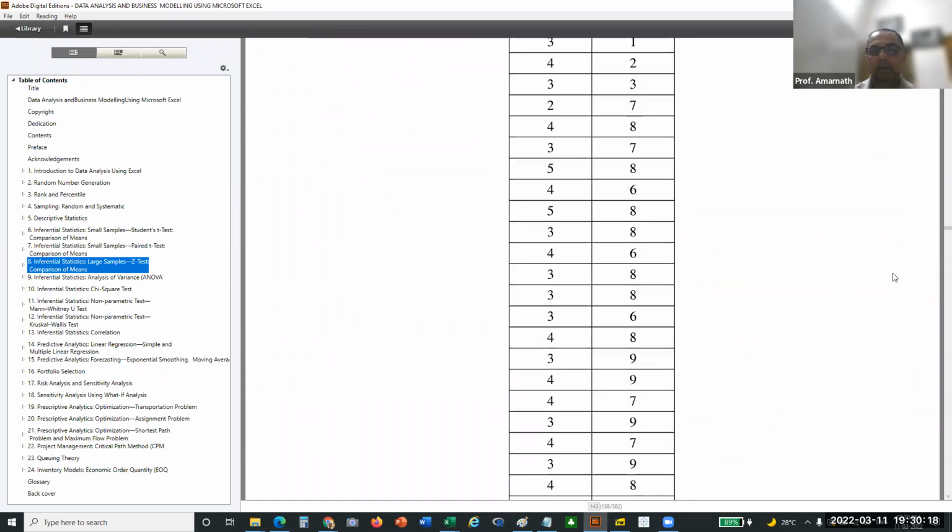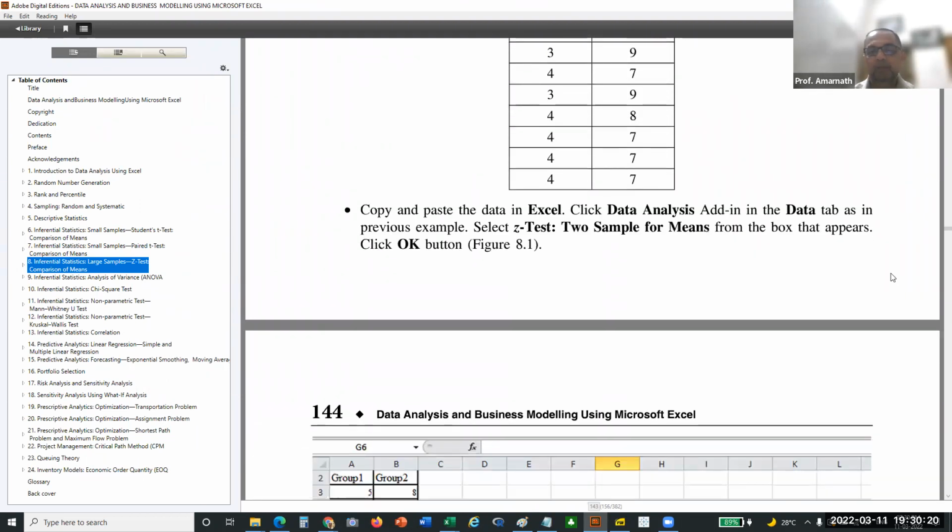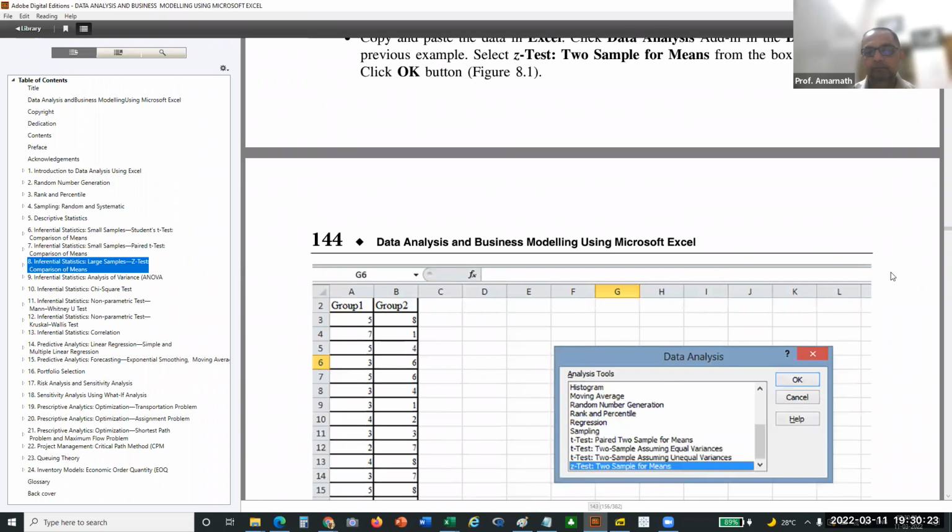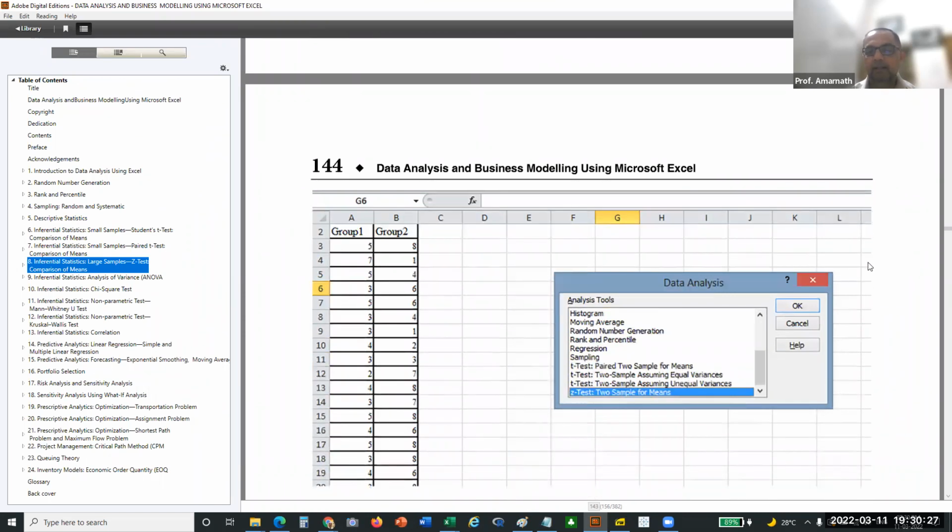So I have samples of two groups, and the test is for means if the sample size goes beyond 30.